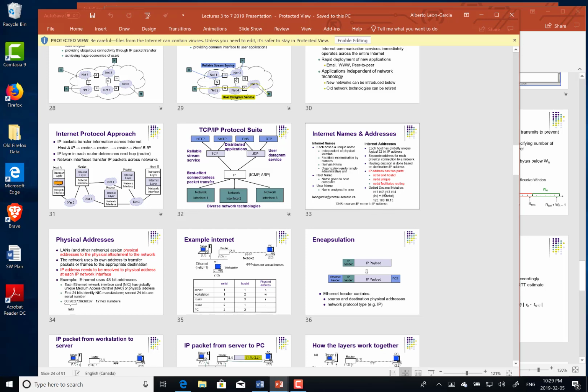We discussed the 32-bit addressing. And in Lab 1, you got practice to identify source IP addresses, destination IP addresses, and so forth.